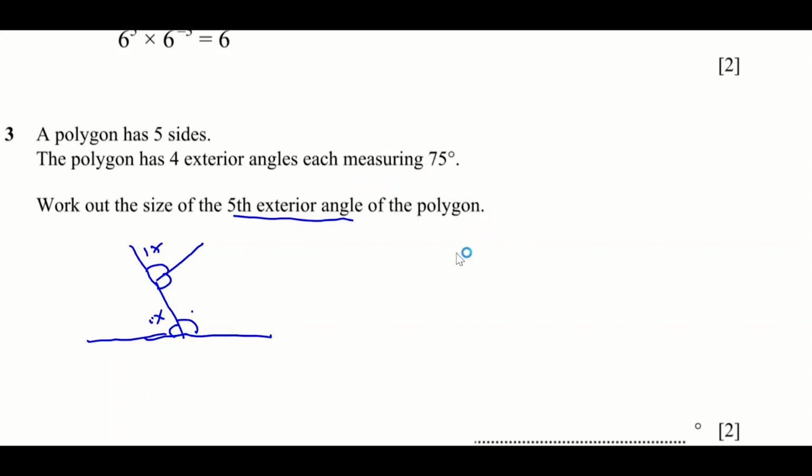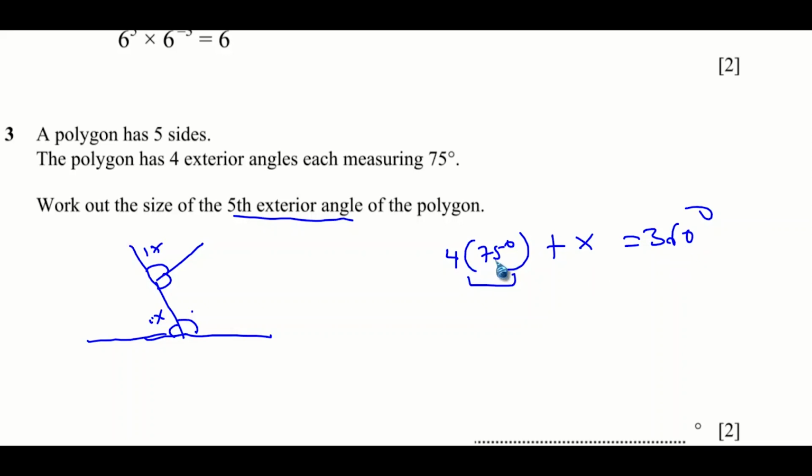So that means 4 times 75 degrees for the 4 equal exterior angles plus the 5th exterior angle, let that be x. So everything should add up to 360 degrees, as the sum of the exterior angles of any polygon is 360 degrees. So this is the fact.